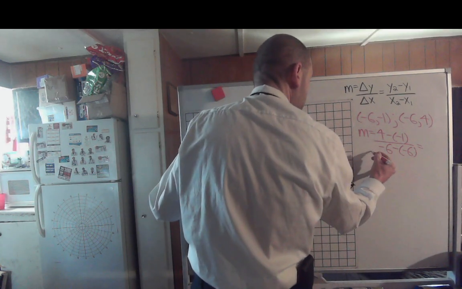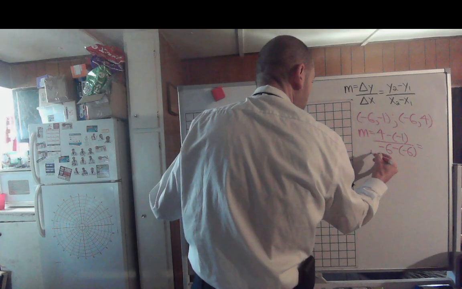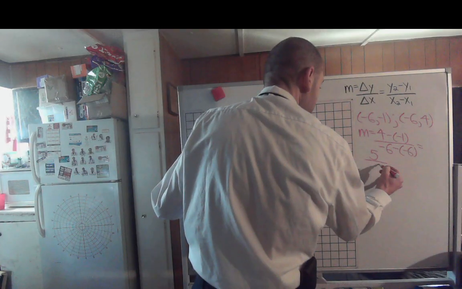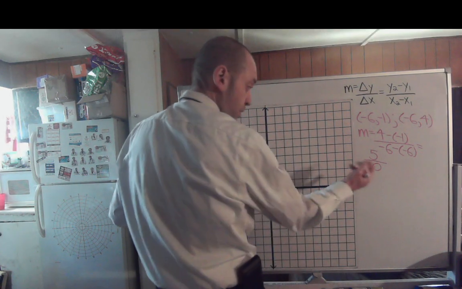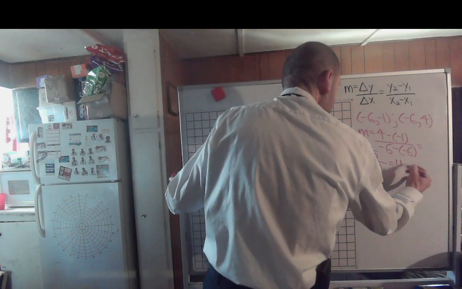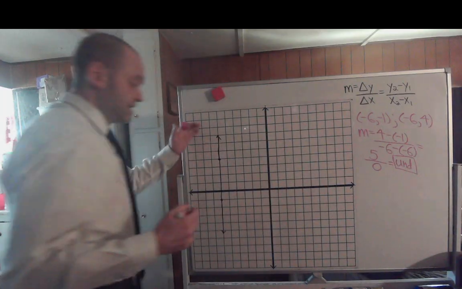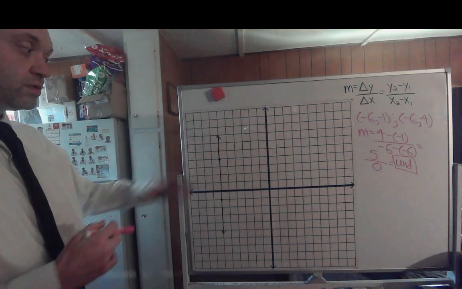Well, this would end up being 4 minus -1, that'd be 5, all over -6 minus -6, that'd be 0. We know anything divided by 0 is undefined. So the slope is undefined, and you have a straight up vertical line.